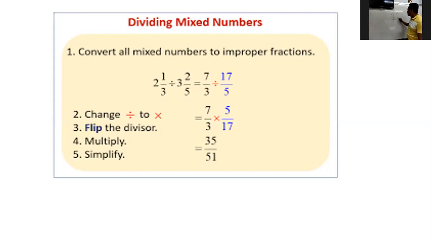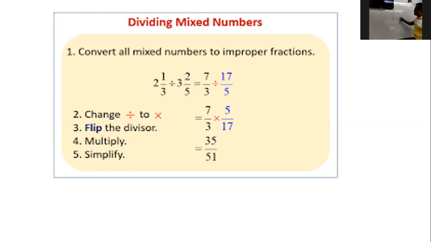Okay? After that, you invert this one, get the reciprocal. So it becomes 7 over 3, invert that, 5 over 17. Change the division to multiplication. Then you multiply.